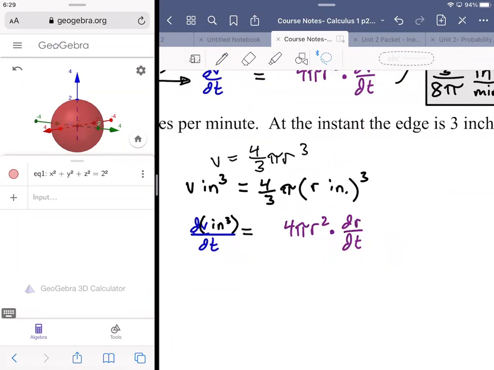And over here on the right-hand side, this r squared is really r inches squared. And this r over here is r inches.